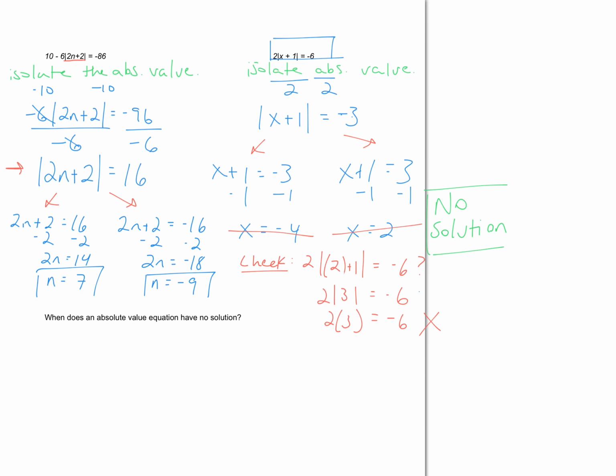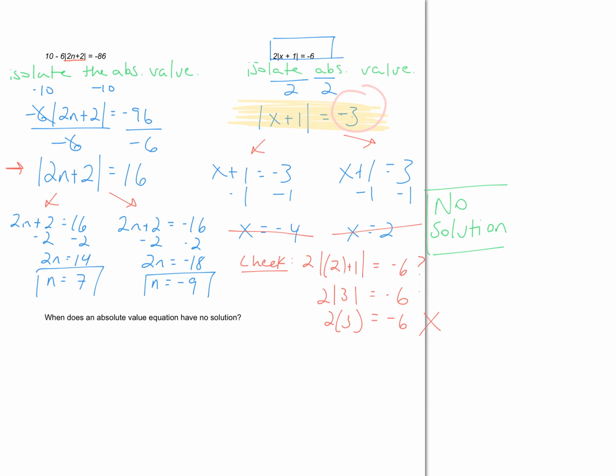When I get the absolute value by itself, right here, just what I highlighted, the absolute value is isolated. We notice that it's equal to a negative number, negative 3. Back to our definition, the absolute value is always going to be a positive number.